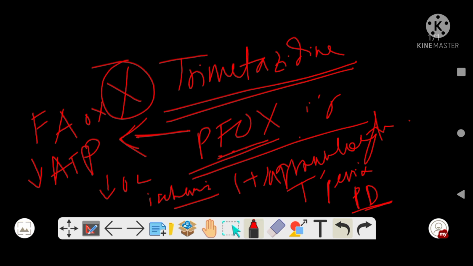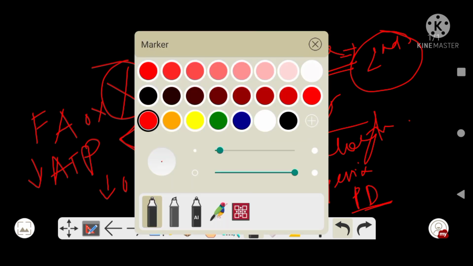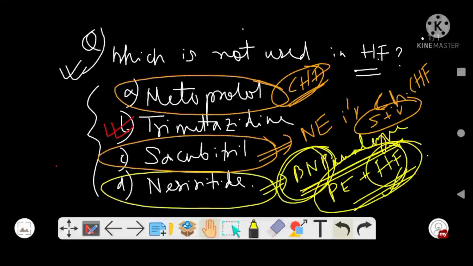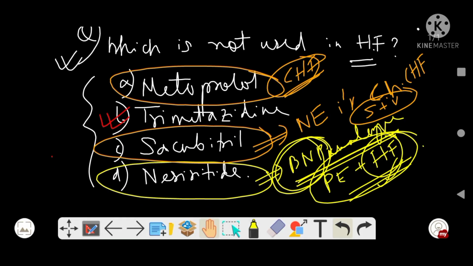For all these causes, this drug is a second line choice for stable angina, and it is not much used in heart failure. I will not prefer this drug in heart failure because of all these associated conditions. So the answer for this question is trimetazidine. Trimetazidine is not used in heart failure. All the other options are used.